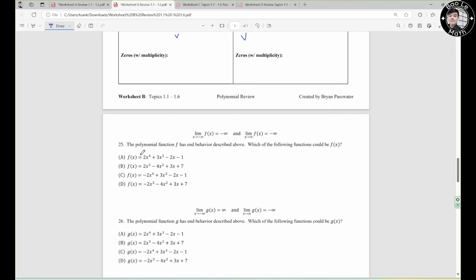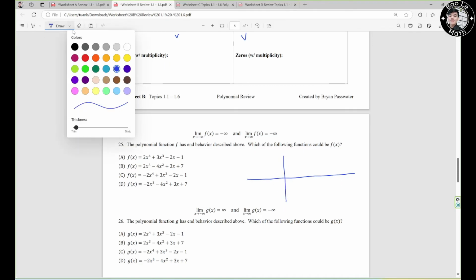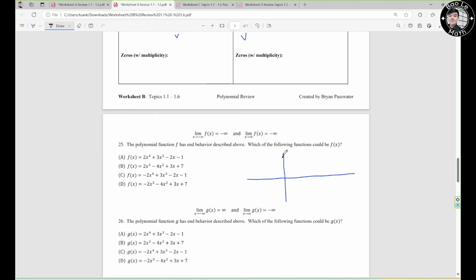So we look at this one, we see that the limit of the function f of s when s approaches negative infinity equals negative infinity. So we need to sketch the rough draft right here. Alright, so we see that this one is y, this one is s. We need to put positive infinity right here, this guy negative infinity, this guy negative infinity, and this guy positive infinity, right?